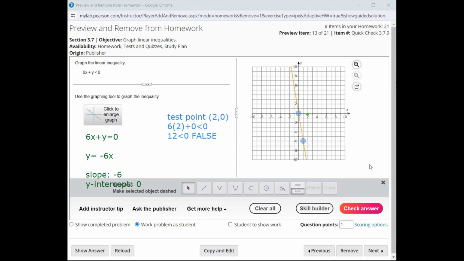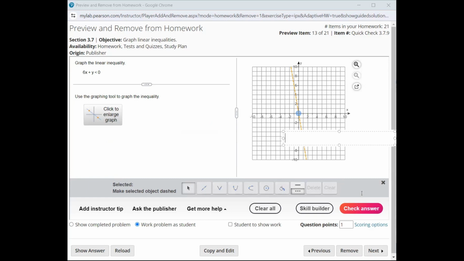Okay. Go to this shading tool and select anywhere on the left side. This shaded area includes all the points that satisfy this inequality. So it is the solution to this inequality.